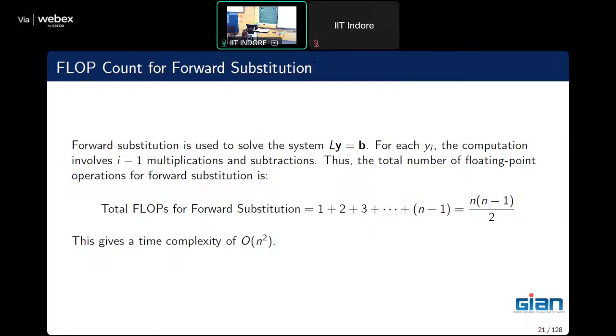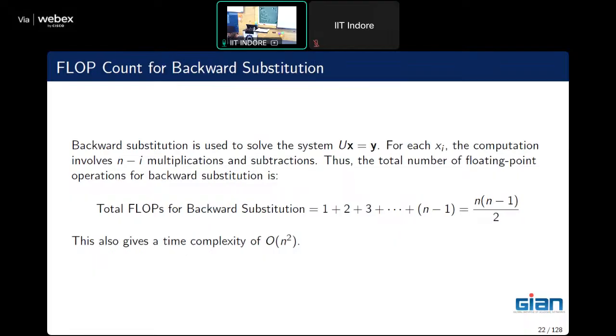Similarly for the backward substitution, you can find the calculation, because first you need 1 division, and then the second and the third, and the number of steps will increase as i varies from 1 to n, and j varies from i plus 1 to n. The first step 1 plus, 2 plus, 3 plus, and so on, n minus 1 additions, and by looking at the calculation you can find that finally you get order of n square.